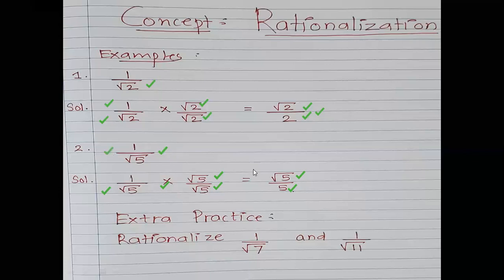We converted that into root 5 upon 5. So the root 5 of the denominator was converted into the number 5, which is rational. Do some extra practice by carrying out the process of rationalization for 1 upon root 7 and 1 upon root 11. Let's understand it further with a few more questions.